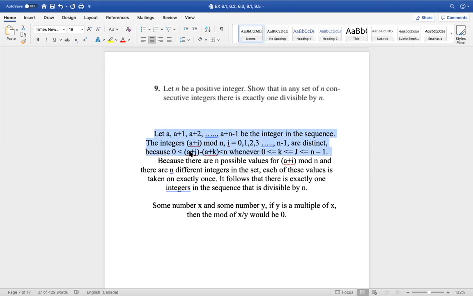Now, because there are n possible values for (a plus i) mod n, and there are n different integers in the set, each of these values is taken on exactly once. Therefore, there is exactly one integer in the sequence that is divisible by n.